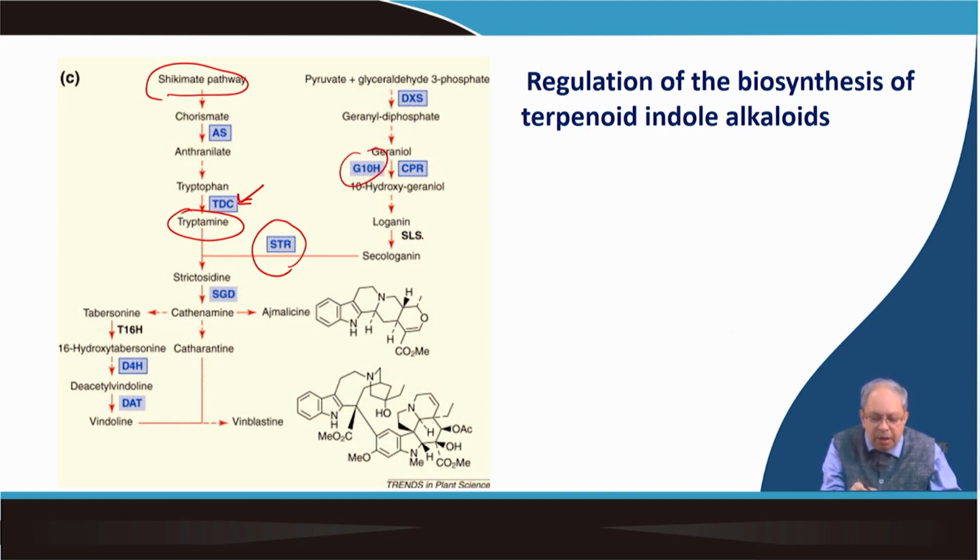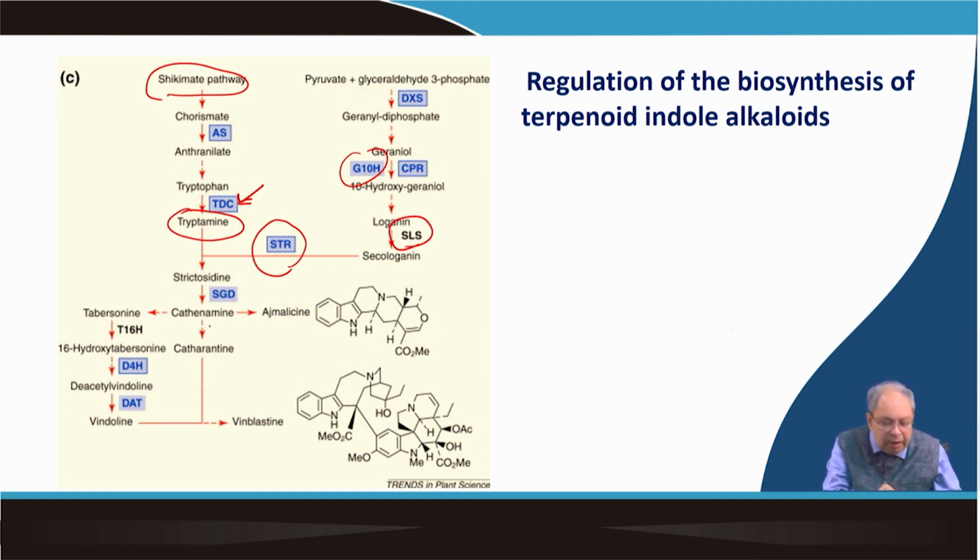and finally it makes loganin, and loganin is converted into secologanin by secologanin synthase. Once strictosidine is formed, strictosidine glucosidase will work and make strictosidine aglycone, and that leads to the formation of different pathways.